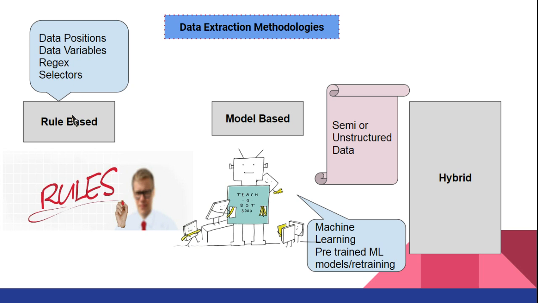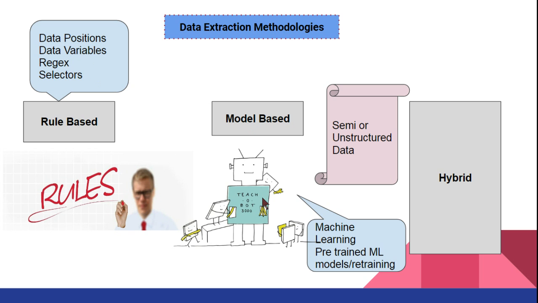All of those are very rule based. It uses selectors, so it understands exactly where what is and what is to be extracted, and it sits in a variable and you use it. You have already done this using selectors. That is a classic example of rule based, with a data position, a data variable, extracting a UI element, get attribute, all of those things.